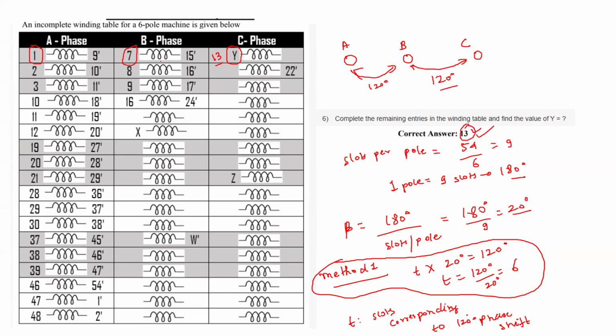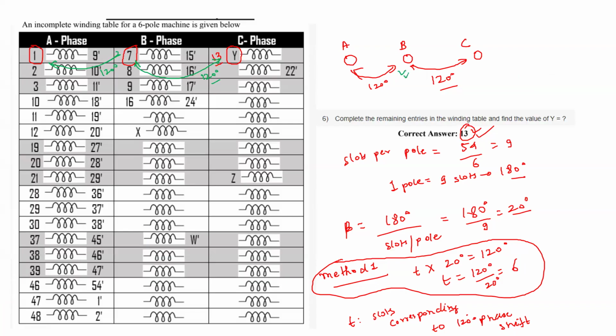First you have to find T, which is the slots corresponding to a 120-degree phase shift, because from A to B this is 120 degrees, and from B to C it is another 120 degrees.